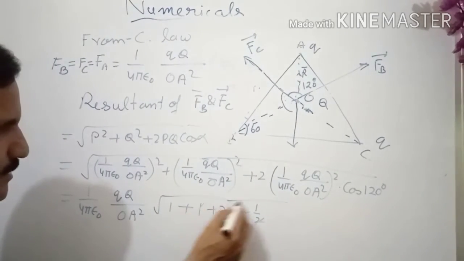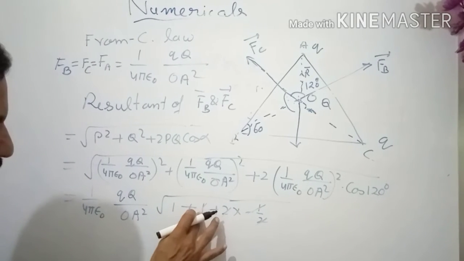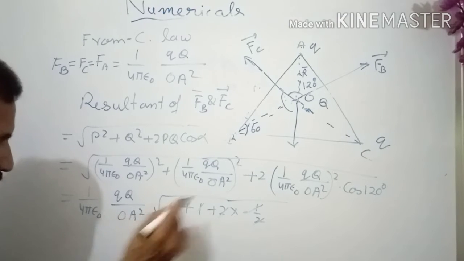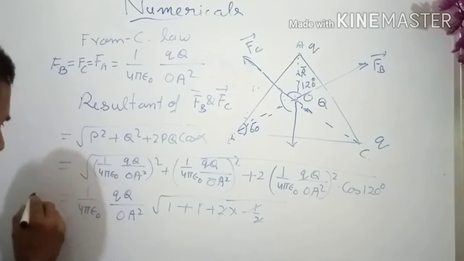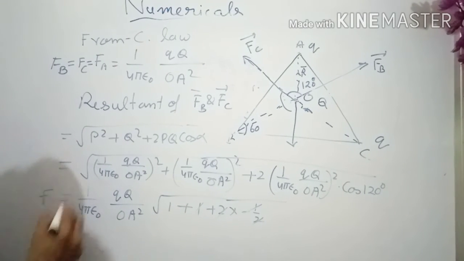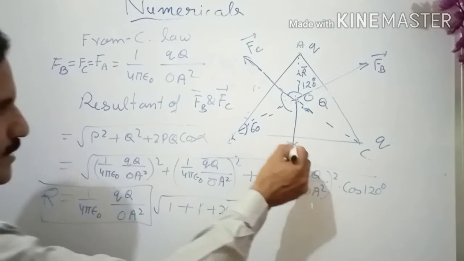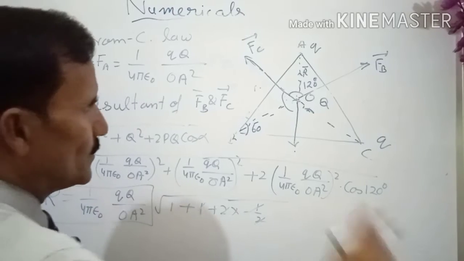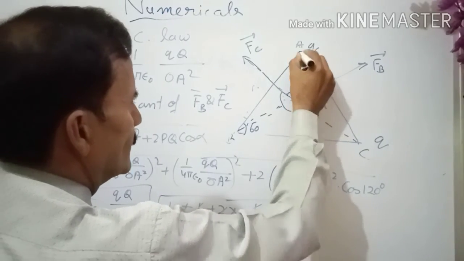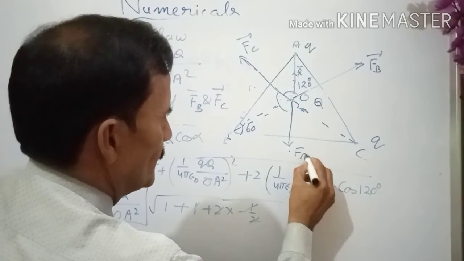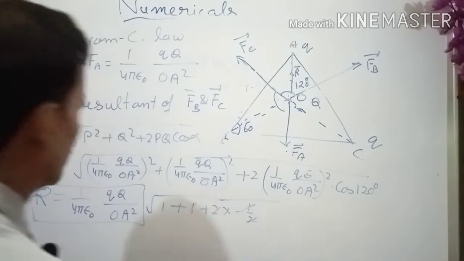So it goes, plus 1 minus 1. So you are getting here simply 1. So this is the resultant of FB and FC, that is equal to this, and you know it is opposite in direction to FA. So what is the resultant?